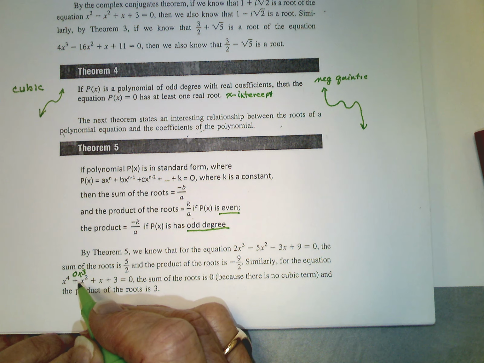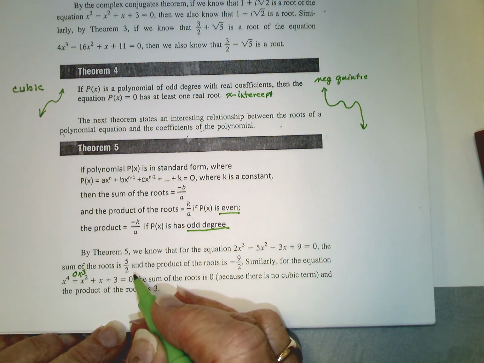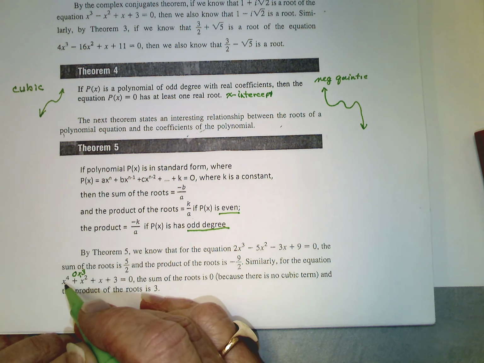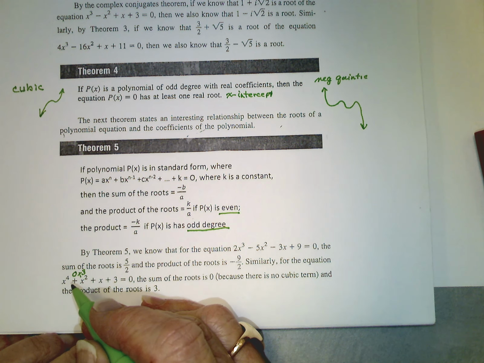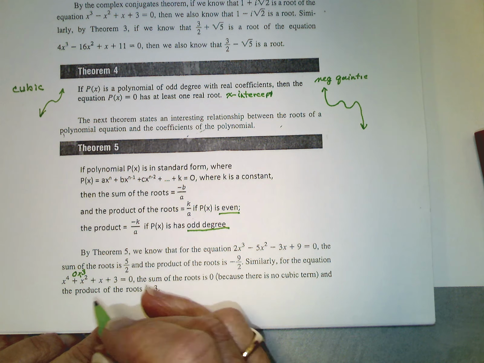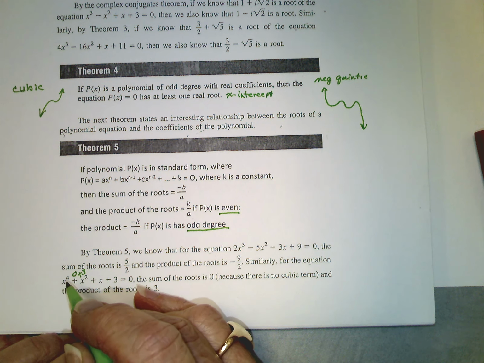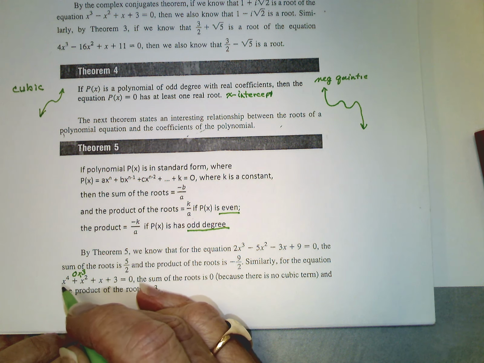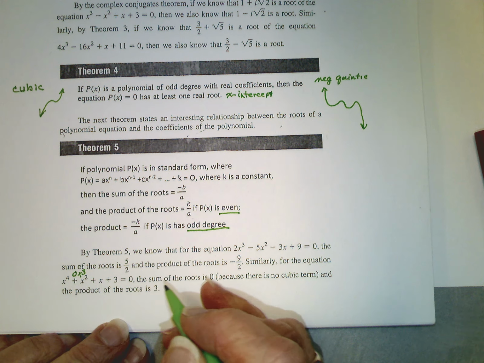So negative 0 over 1. That would mean that all 4 roots, if you added them up, would cancel each other out, and the total would be 0. The product of the roots, now this is an even degree, so it would just be whatever the constant is divided by whatever the leading coefficient is. And that's where they got the 3.